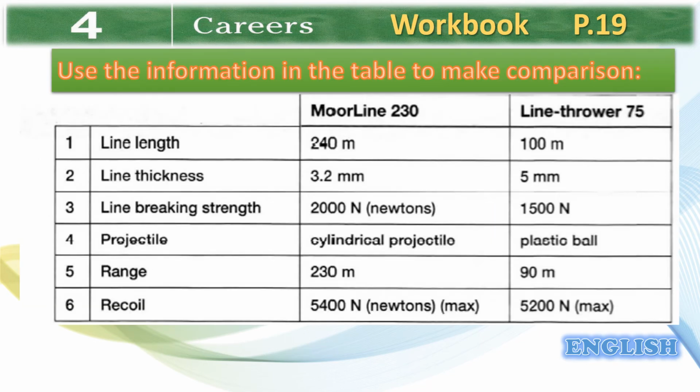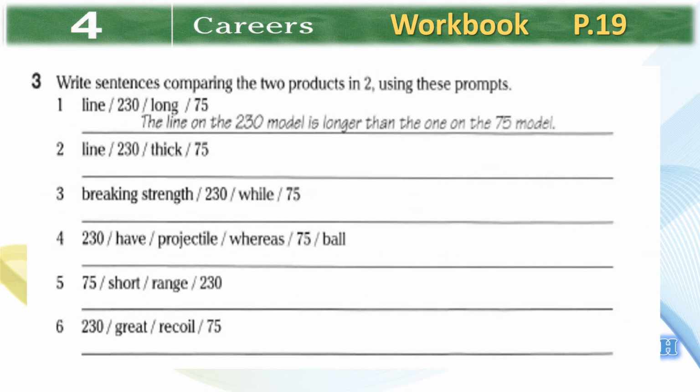Dear students, please have a look at the following information in the following table because we will use them to make comparison in the next exercise. Now keep your books open, the workbook page 19, and look at exercise number 3, which is based on the table in exercise number 2.